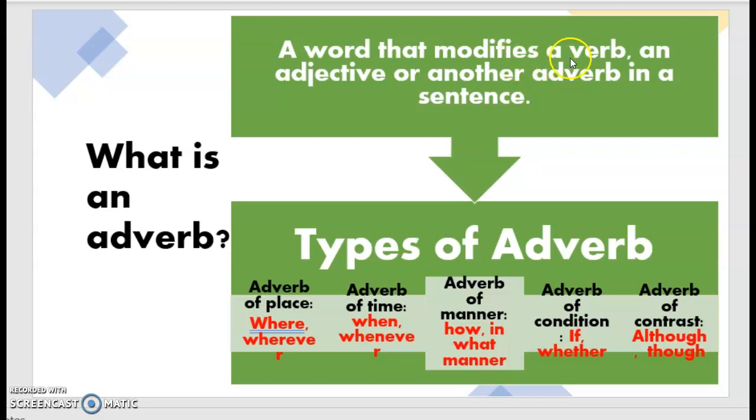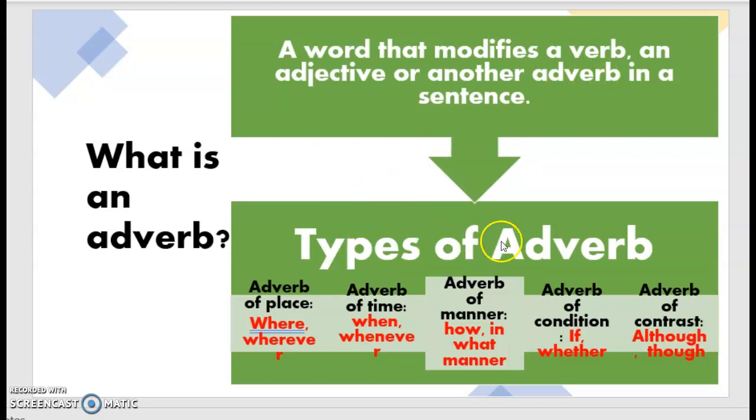So when an adverb modifies a verb, it adds more information. It gives further information about the verb. If it modifies an adjective, it provides further information about the adjective. And if it modifies a fellow adverb, meaning that you will have two adverbs in the sentence, it then means that it modifies or supplies information about that adverb.